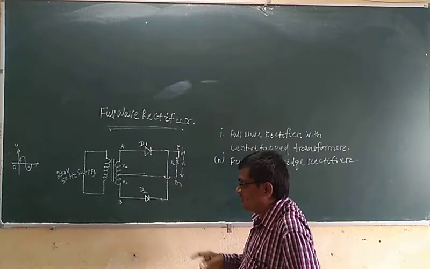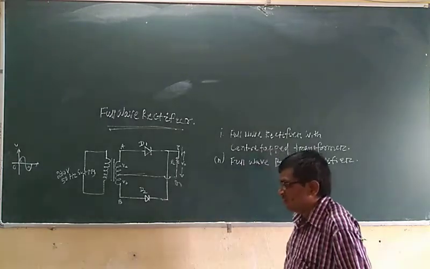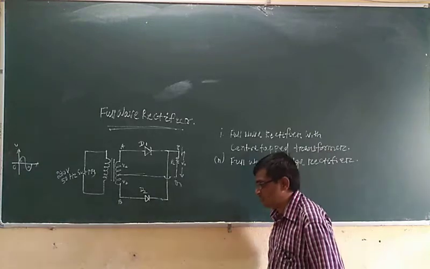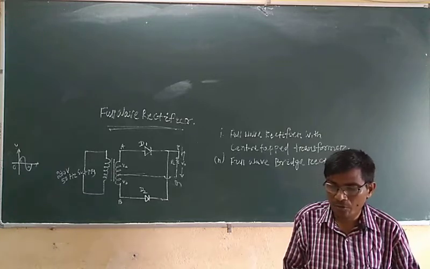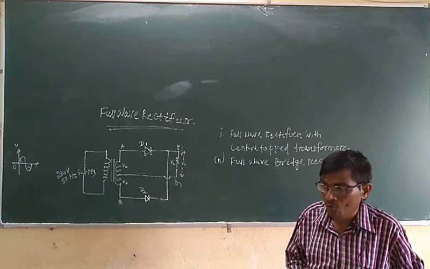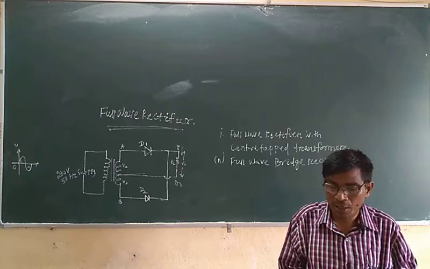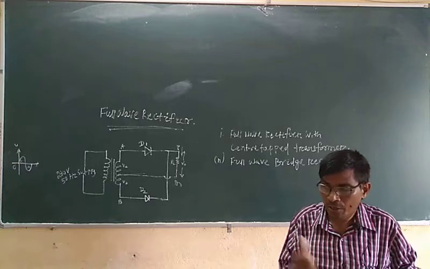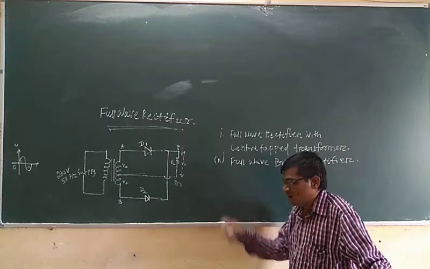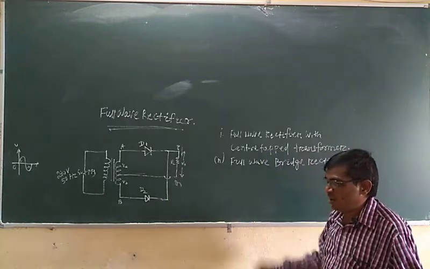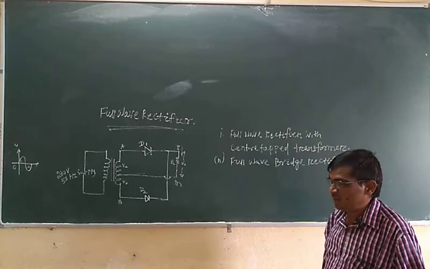So in that circuit, we consider the two half cycles, the positive half cycle and the negative half cycle. Now in the positive half cycle, we consider the polarity of current in the center tap transformer.